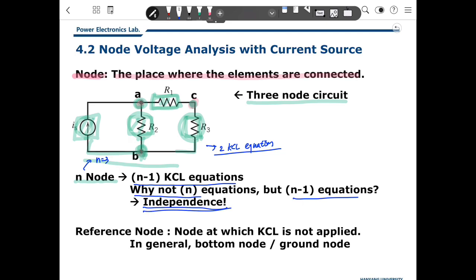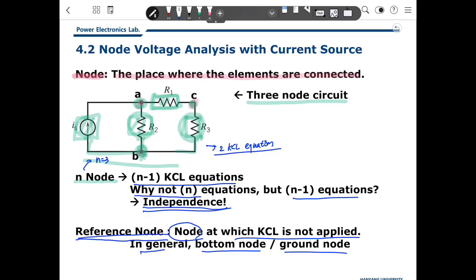When you make a node equation, you should define the reference node first. It means the node where KCL is not applied. In general, we call the bottom node or ground node the reference.